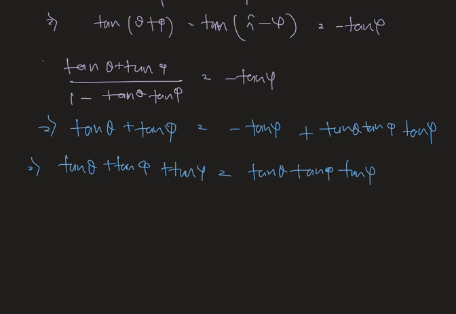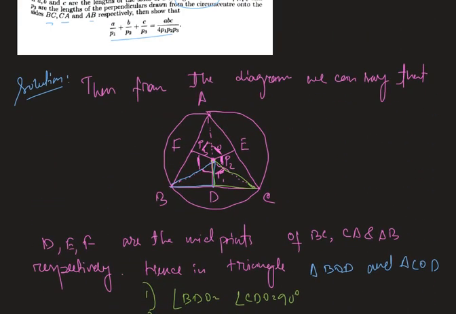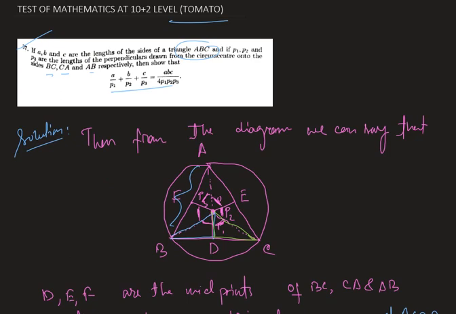Now the value of tan theta is a by 2 P1, where a, b, c are the lengths of the sides of triangle ABC.